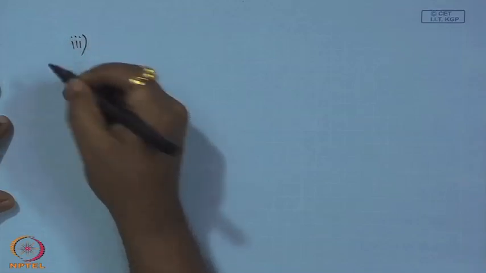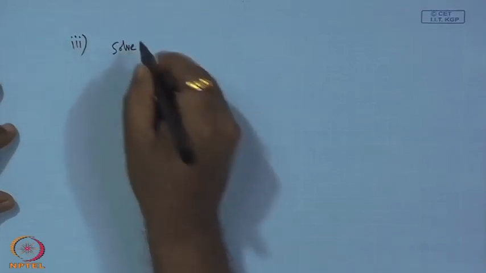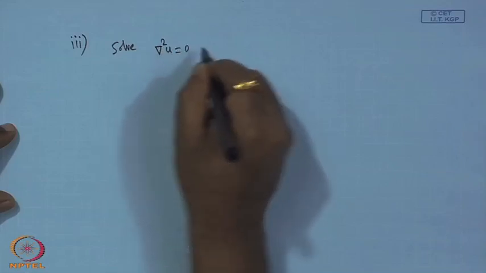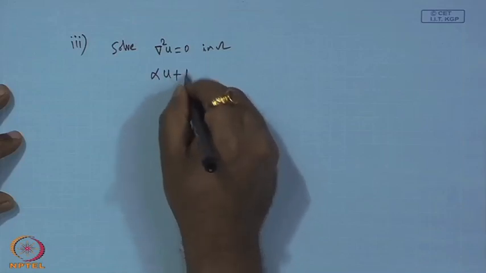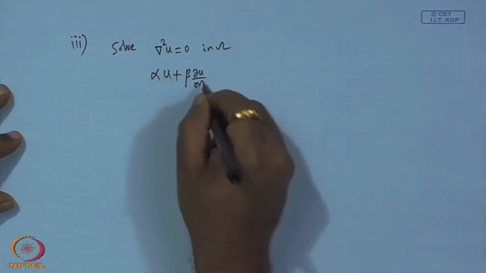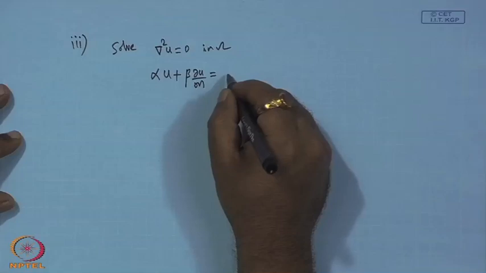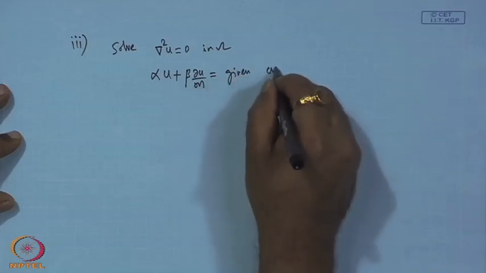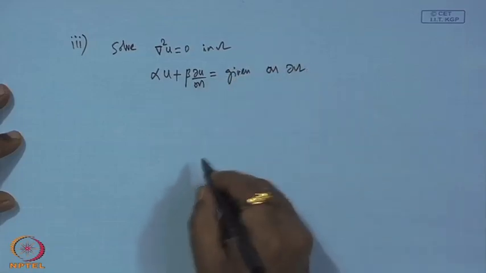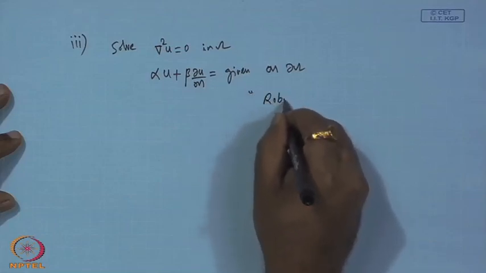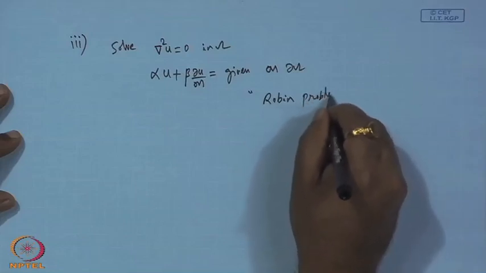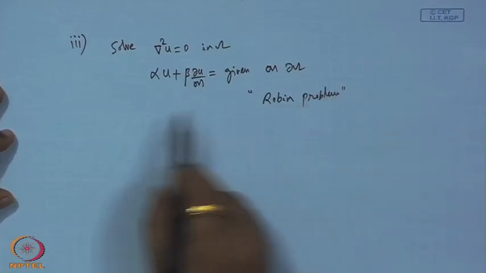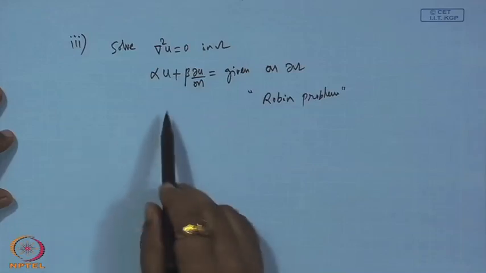There is a third type as well: some alpha times u plus beta times the normal derivative is prescribed on the boundary. This, some of you may not know, is the Robin problem. This is a more general case.